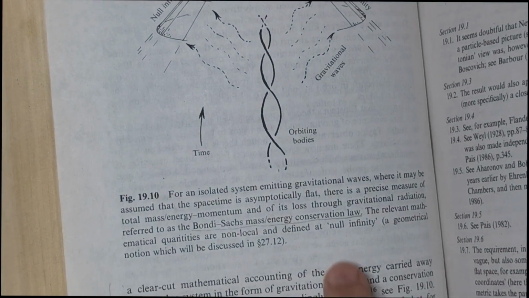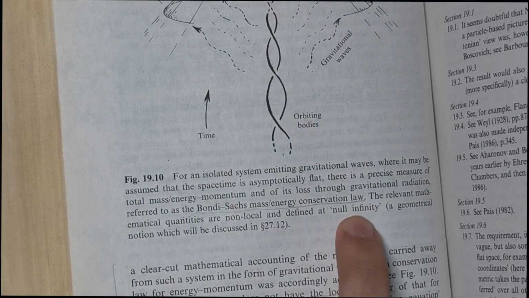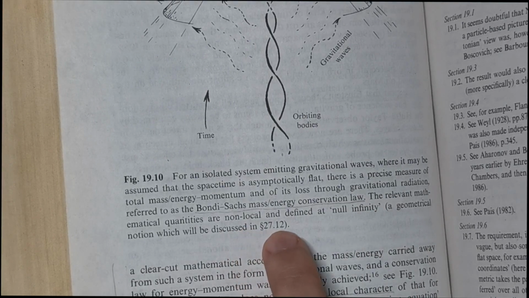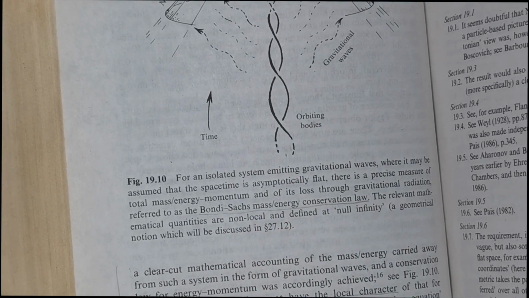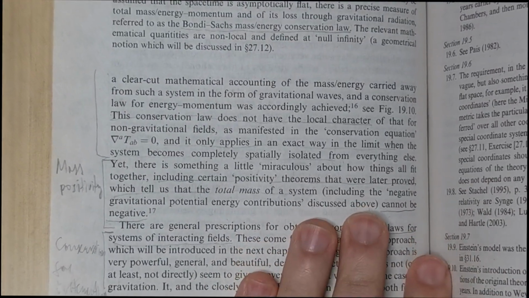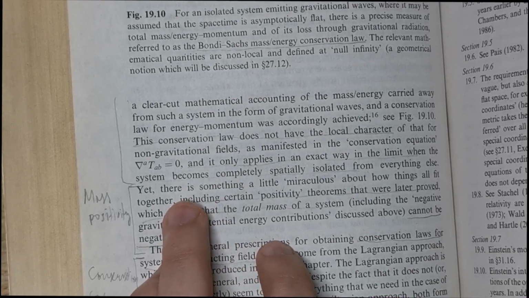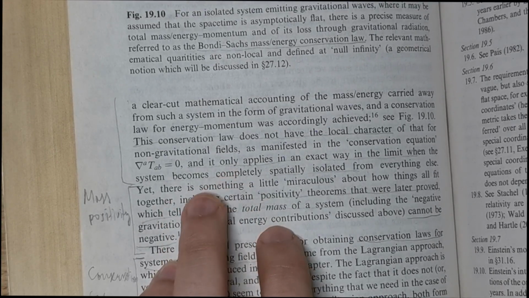And he said that we will talk about null infinity later, and a geometrical notion of that will be discussed in chapter 27. Yeah. Okay, and here he also talks about that.